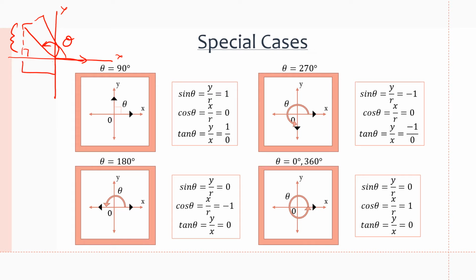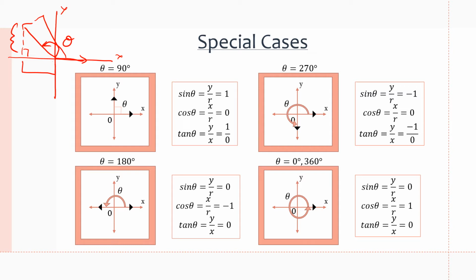So our x and our r are going to be the same length, but r, remember, is always positive because it's the hypotenuse, defined as r squared equals x squared plus y squared, so we get a positive number. But x, we're going in the negative x direction, so our x value is going to be negative, giving us -1. And our r value is going to be 1.